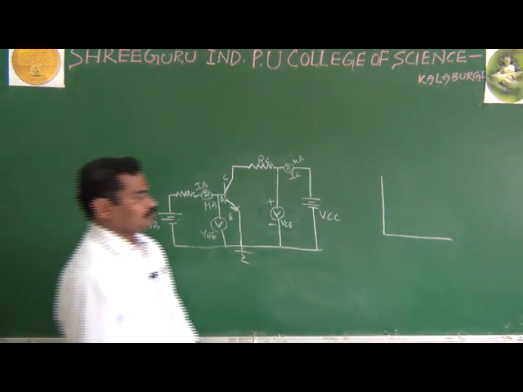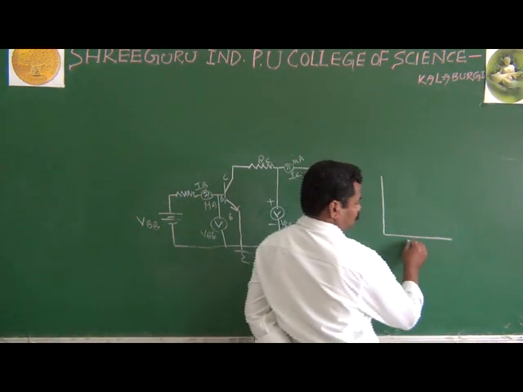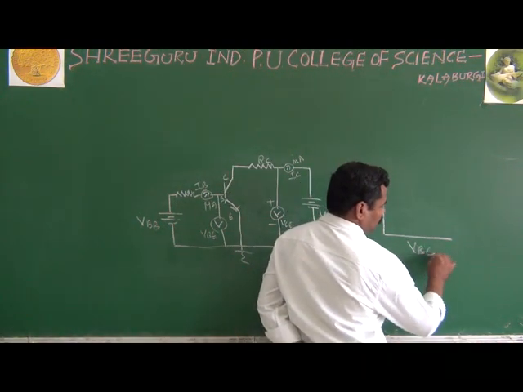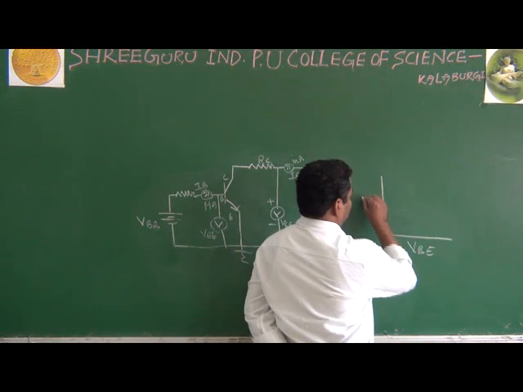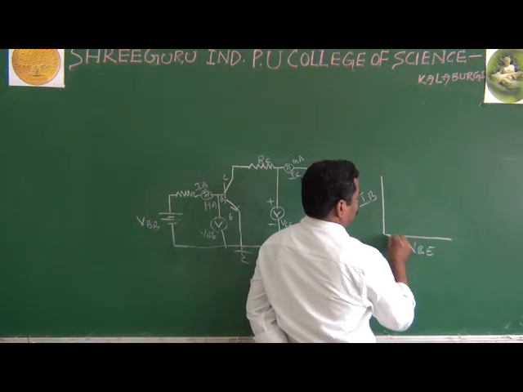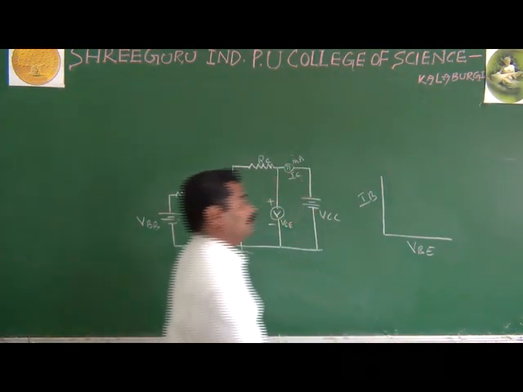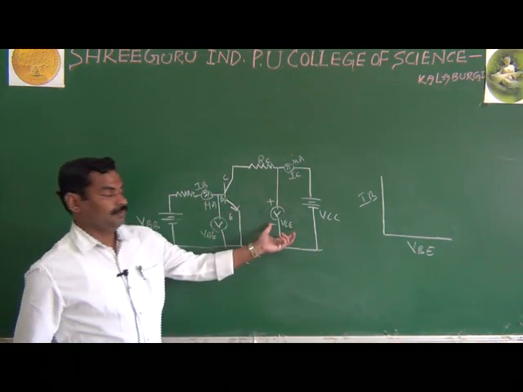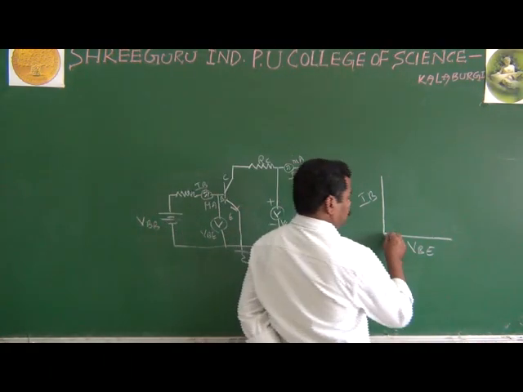Now you have to vary the input voltage, that is VBE, and note the corresponding IB, while keeping the output voltage constant. You will get the graph like that.